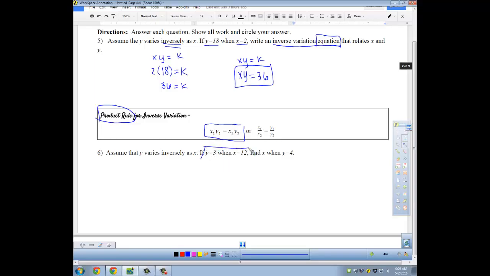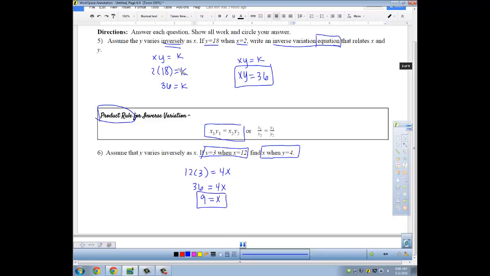So y equals 3 and x equals 12, they go together. And then we don't know what x is when y equals 4, so they go together. So on the left side, I'm going to multiply my first points together, so 12 times 3 equals, and then multiply these together, so 4 times x. So 12 times 3 is 36. So that means x would be 9.